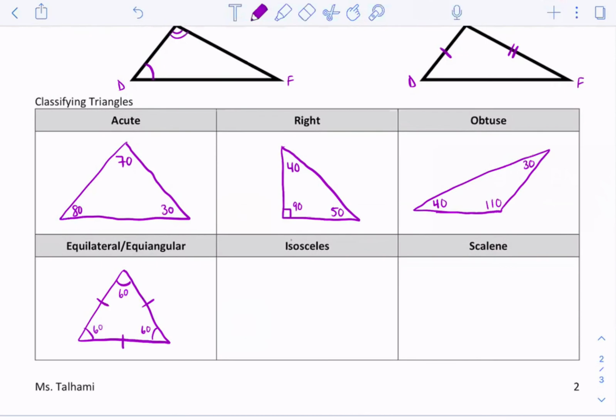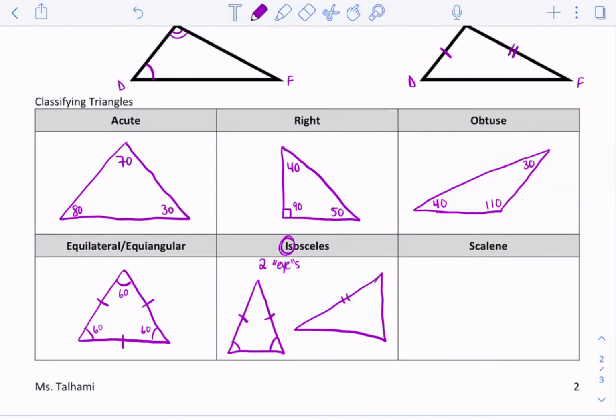Isosceles. I like to think of this I as like isosceles because you have two eyes. The reason that's important is because in an isosceles triangle, you have two sides and two angles. Or here's another example, it could look like this.